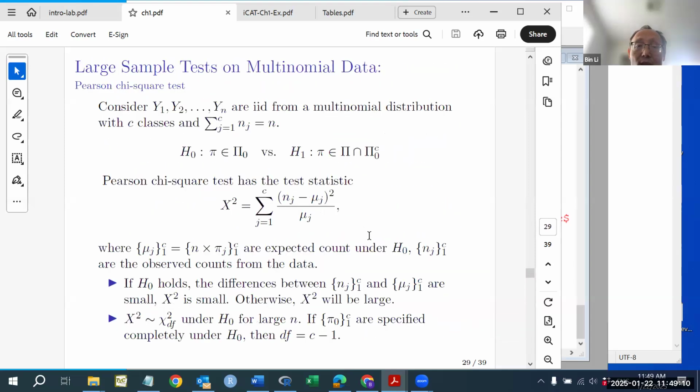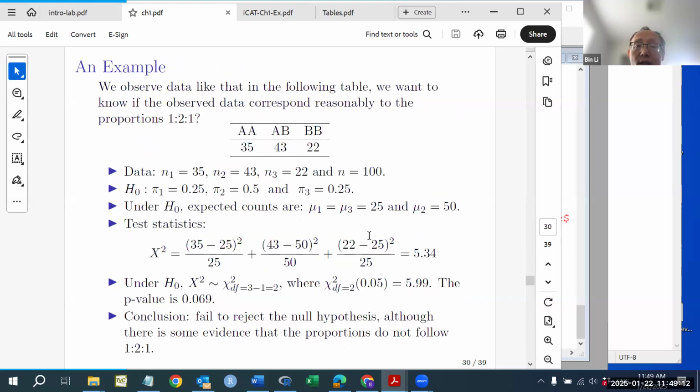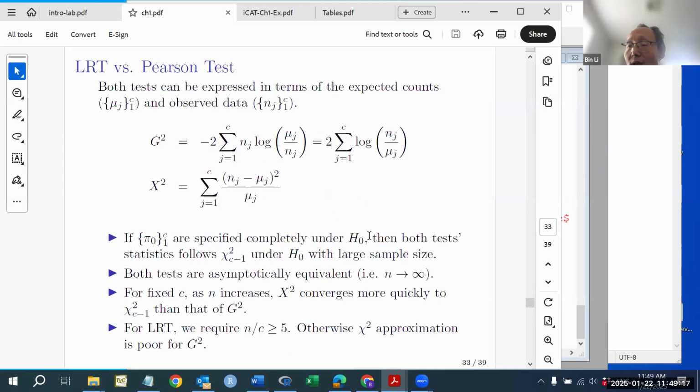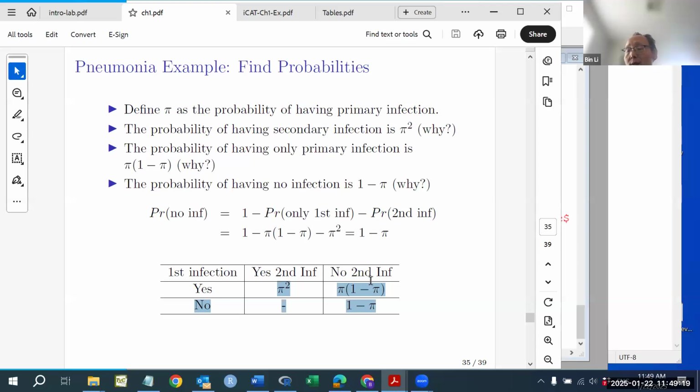Because based on the rule, it's the number of cells minus 1, right? But here we cannot, because we have an extra constraint. So we have basically 2 constraints here. One constraint is that these 3 probabilities add up to 1.